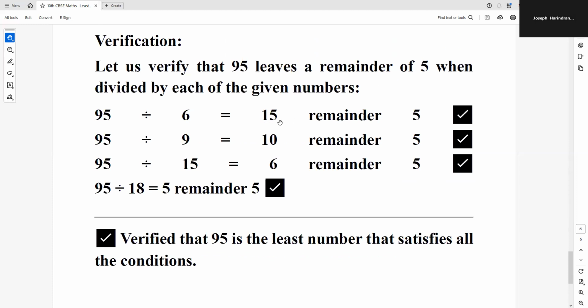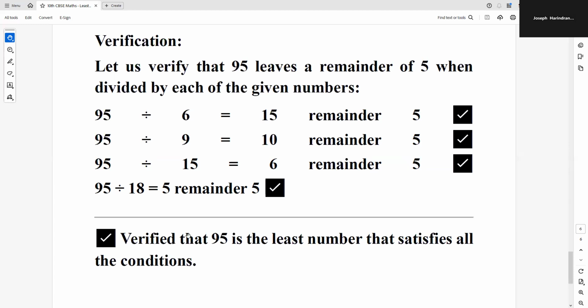The quotient is 15, and the remainder is 5. 95 divided by 9: the quotient is 10 and the remainder is 5. 95 divided by 15 gives 6 as the quotient, and the remainder is again 5. 95 divided by 18 gives 5 as the quotient, and the remainder is also 5. So we get the remainder 5 in each of these cases.